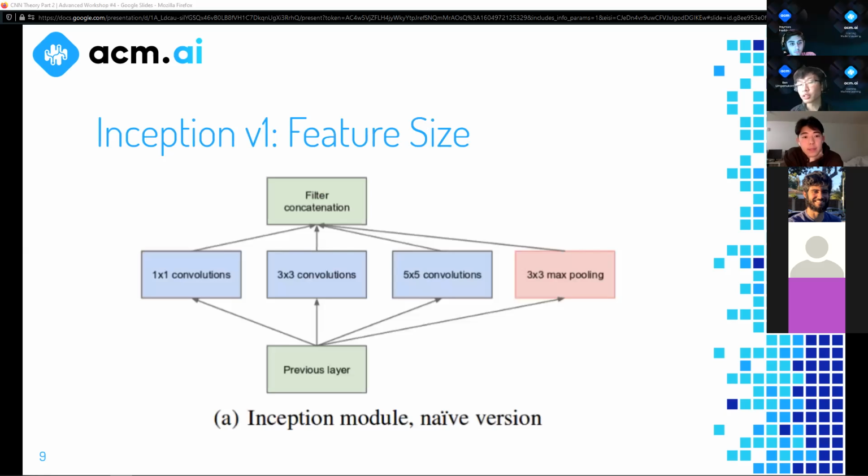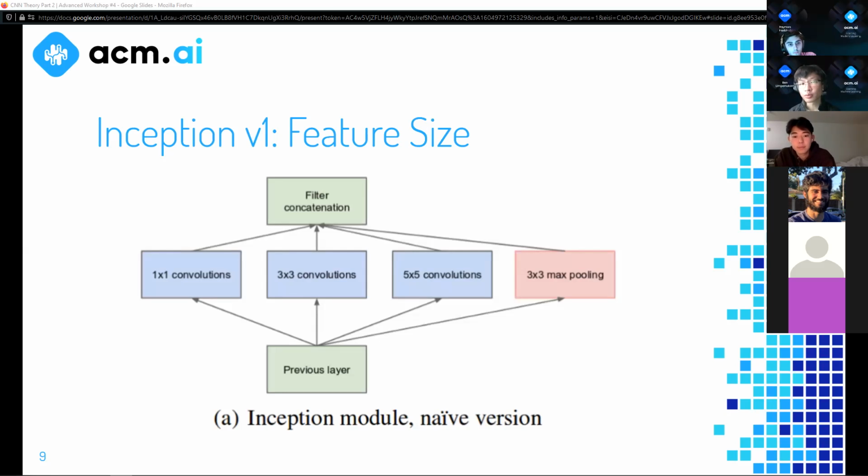And the way that Inception addresses this is that not only does one layer have convolutions of a fixed size, right, a filter of 3x3 or 5x5, but you actually have multiple layers in parallel. So you have 1x1 convolutions, 3x3, 5x5, and then also 3x3 max pooling.